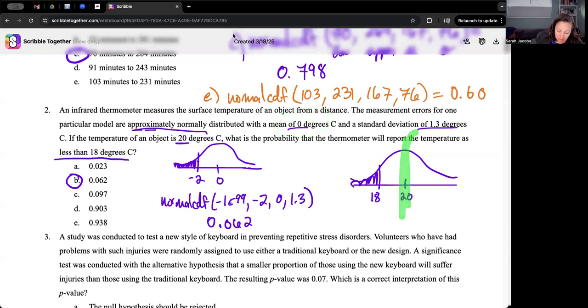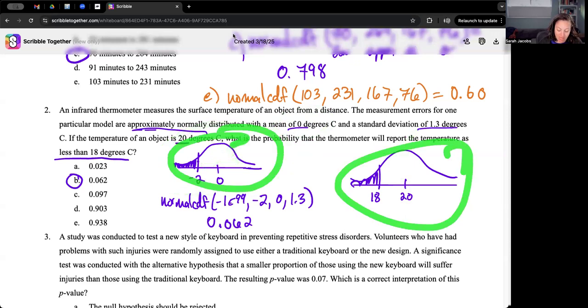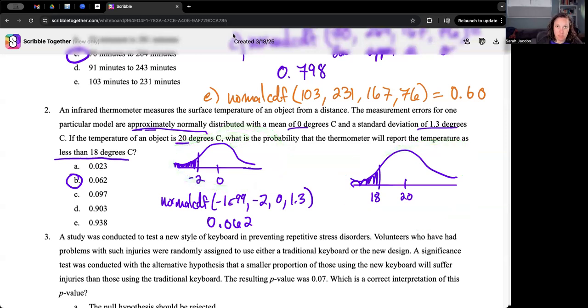Essentially what I've done is taken this distribution and shifted it up by 20. I just added. And what's cool about this is it addresses the idea that we can shift: adding and subtracting affects our means and our values, but it doesn't affect our standard deviation. So we can still say normal CDF, and in this case, we're still at negative infinity.